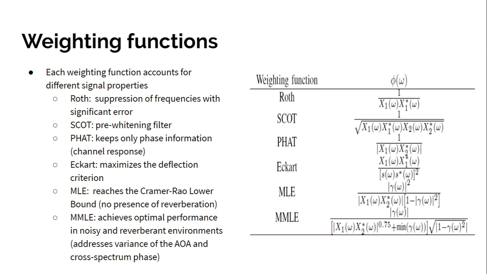However, to address this issue, there is a modified maximum likelihood estimator filter, which is also implemented in SimPatico, and it aims to achieve optimal performance in noisy and reverberant scenarios. This is reached because the formulation addresses some signal properties, such as the variance of the angle of arrival and the cross-spectrum phase.